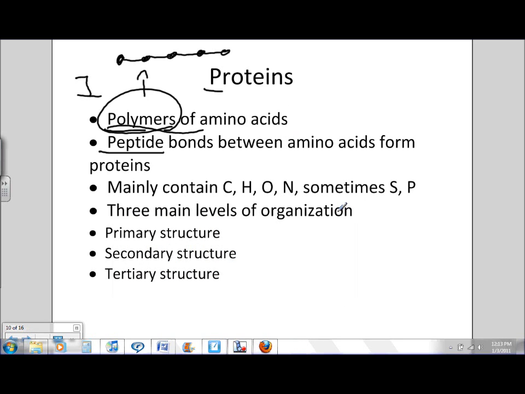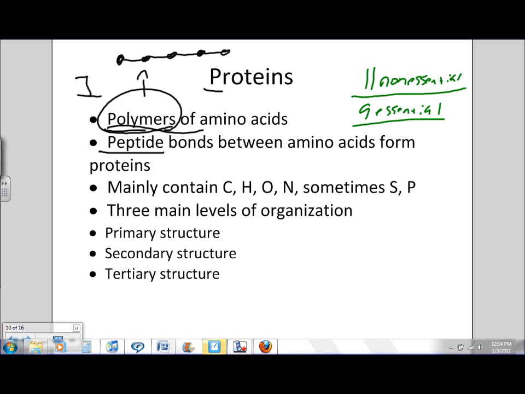Out of these 20 amino acids, we could say that 11 of them are non-essential, and 9 of them are essential. What this means is that out of these 20, we can make a little over half of the amino acids.